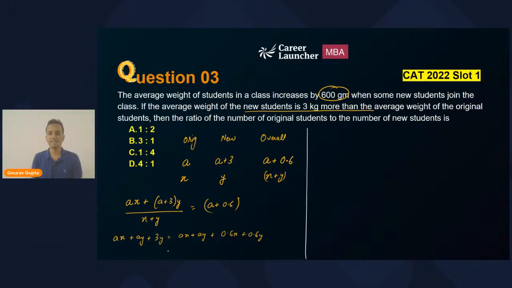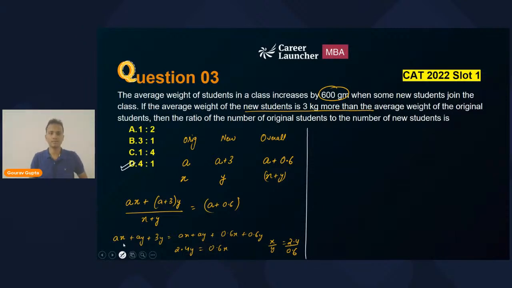AX and AY will get cancelled. So 2.4Y is equal to 0.6X. So X upon Y will be equal to 2.4 divided by 0.6, that is 4 is to 1. So as per this calculation, I've got the answer as 4 is to 1.